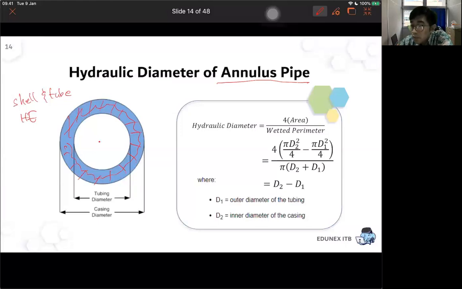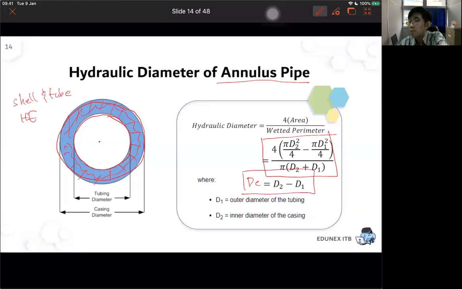So it will be the circumference of the small pipe plus the circumference of the bigger pipe. That's why the calculation will be this one. Or the hydraulic diameter, or equivalent diameter, will be bigger diameter minus smaller diameter.